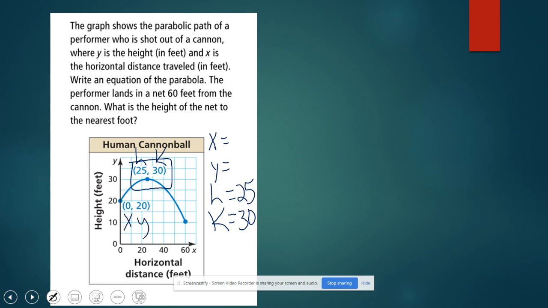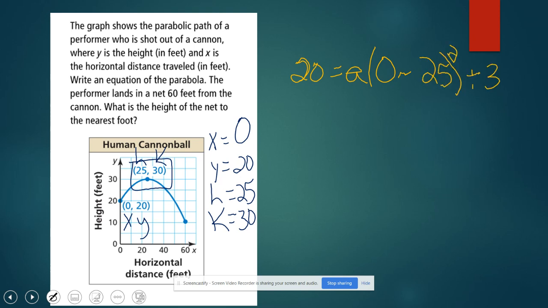That makes our other ordered pair our X and our Y. So we're going to fill in Y equals A times X minus H squared plus K.